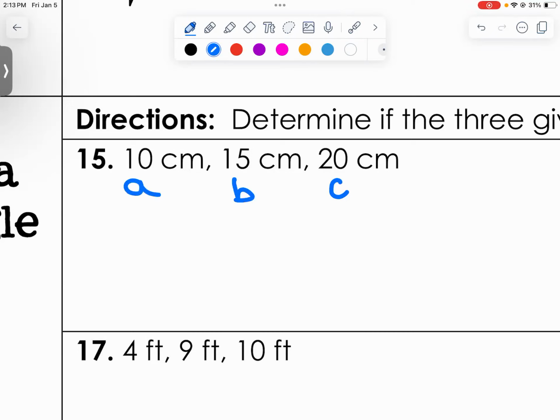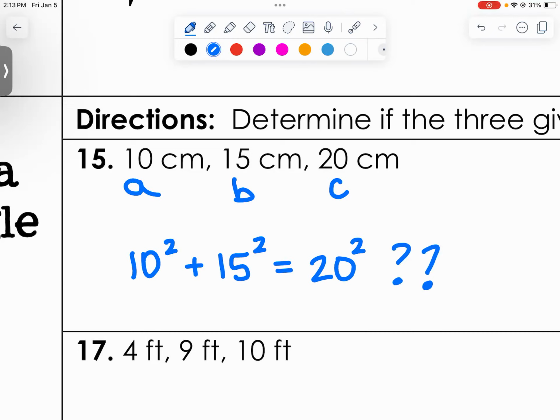Okay, so help me out. In your calculator, go ahead and write this down first. We need to decide, is 10 squared plus 15 squared equal to 20 squared? So we're not going to do an equal sign. So how about this, Kyron? What is 10 squared plus 15 squared?